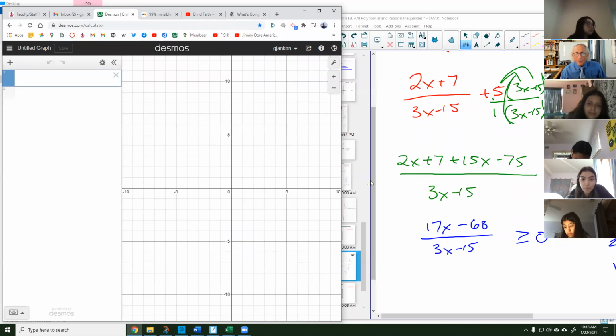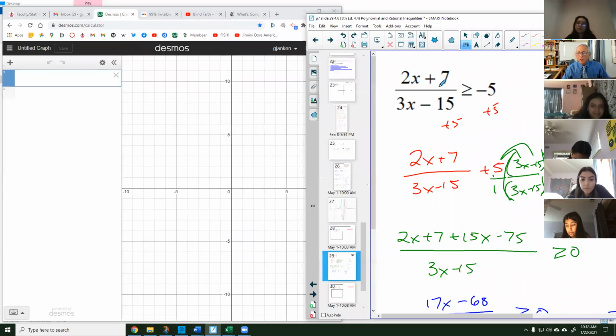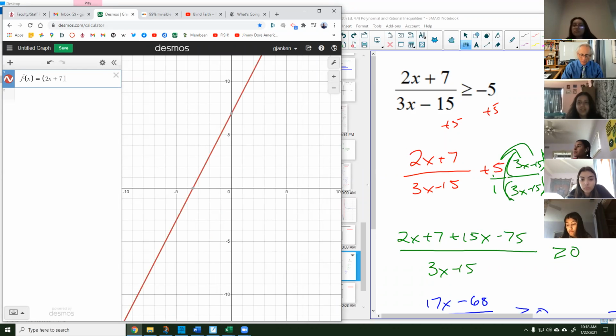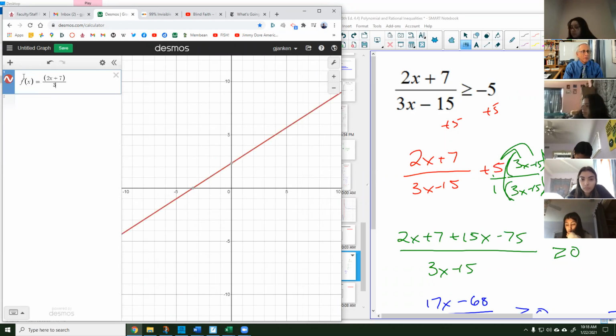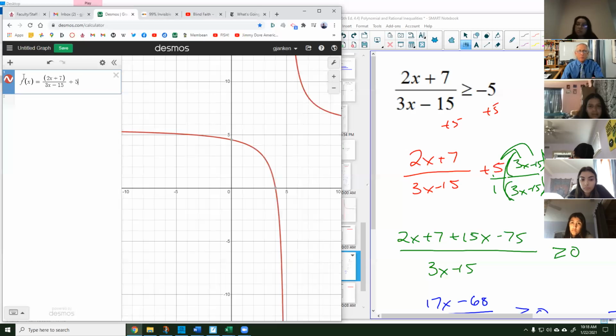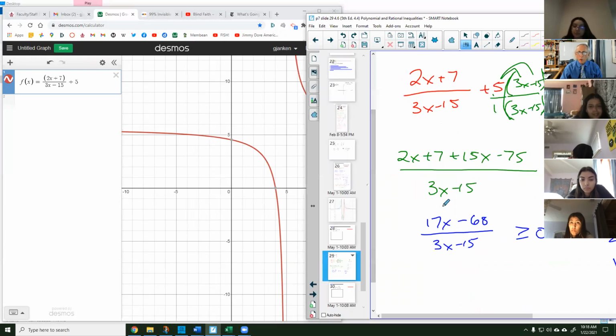So my initial expression, after I've moved this -5 to the other side, is f of x, my original here, which is 2x plus 7 divided by 3x minus 15, and that whole thing is plus 5. So that's what part of my function looks like. And then I simplified it into this blue one right here.